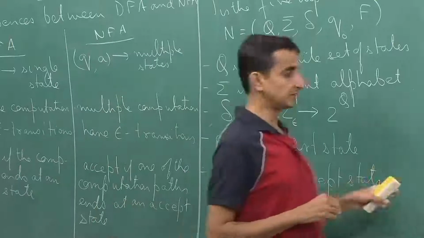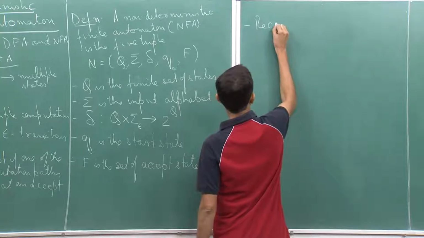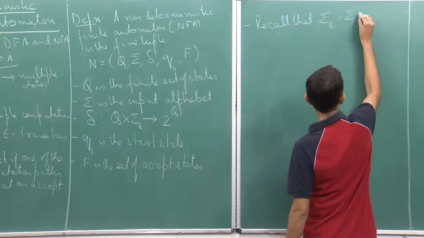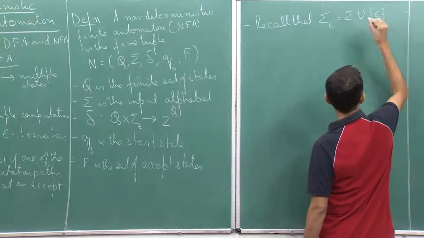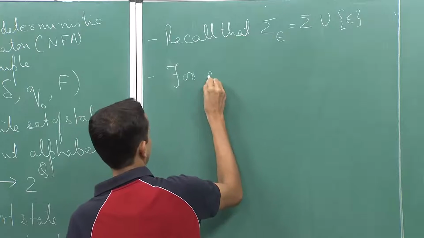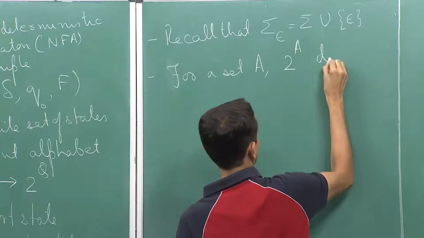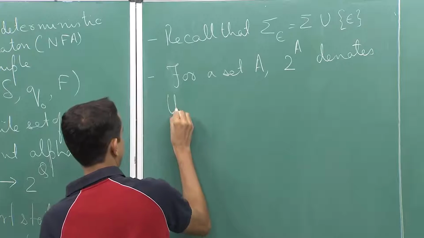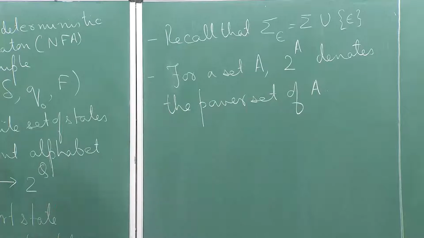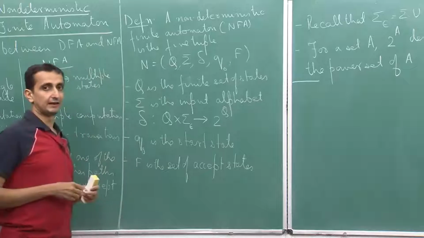Recall that Sigma epsilon is Sigma together with the symbol epsilon, and for a set A, 2 raised to the power A denotes the power set of A. So, this is the definition of an NFA.